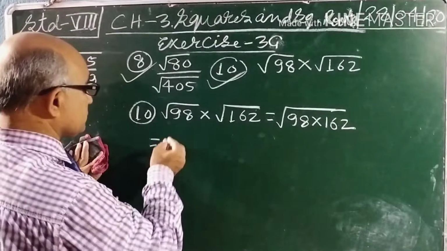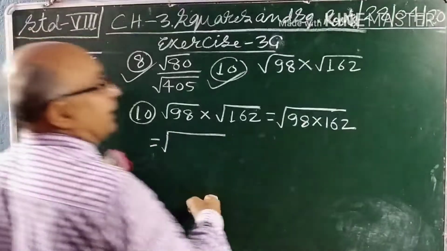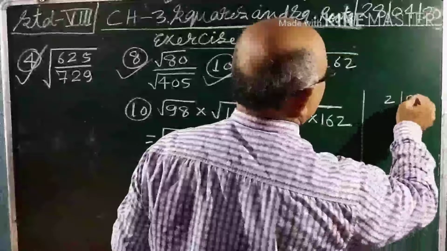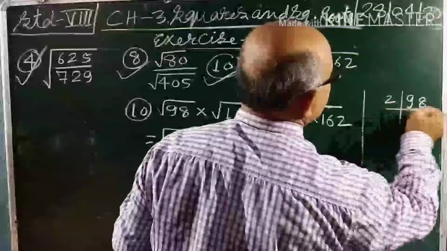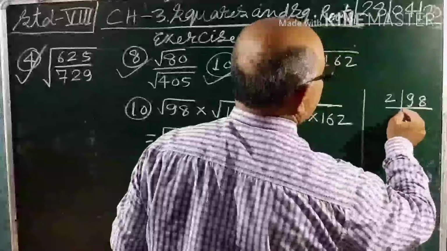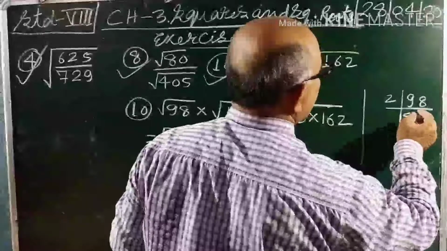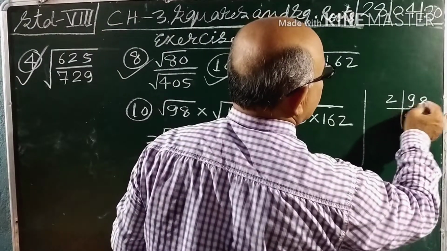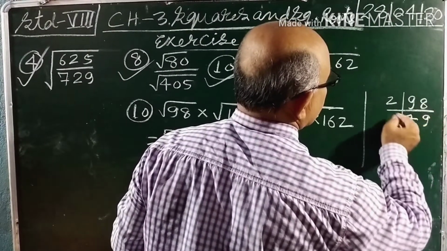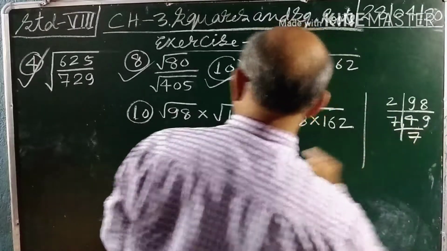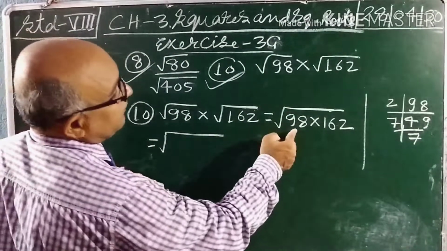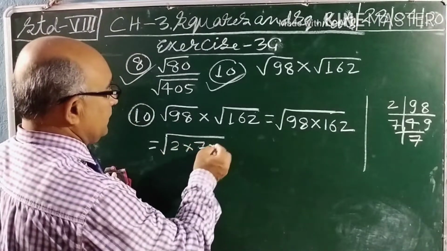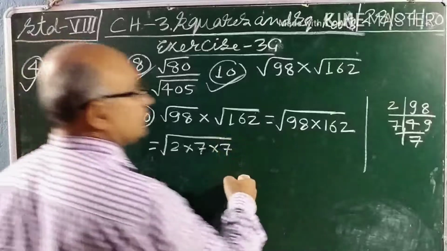So find the prime factors of 98. 2 times 49 is 98, 7 7 is 49. So the factors of 98 are 2 into 7 into 7.